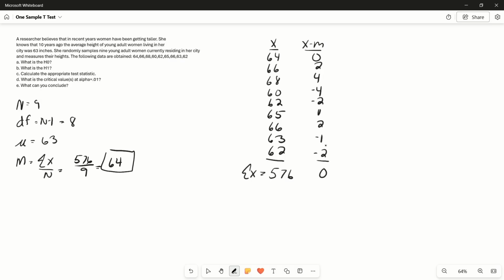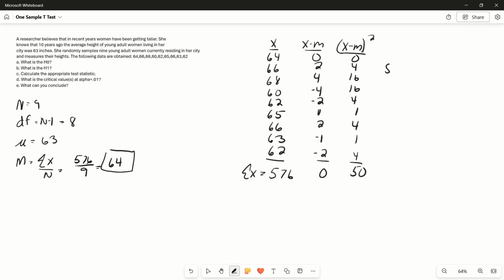And then square them all and get the sum of the square deviations. We add these up and we get 50. So that's our sum of squares right there, 50.